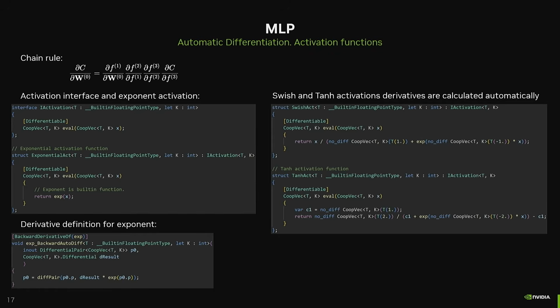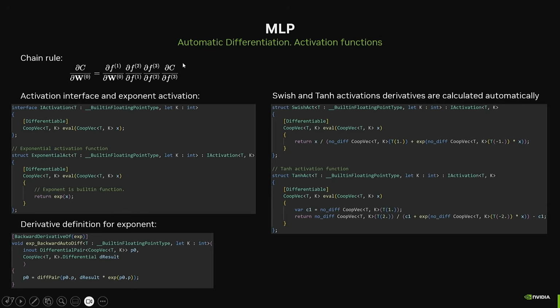That differential pair type stores both the original value in the form of a cooperative vector and the derivative of those values for this specific function. The second parameter is what comes from the right side of the chain rule.